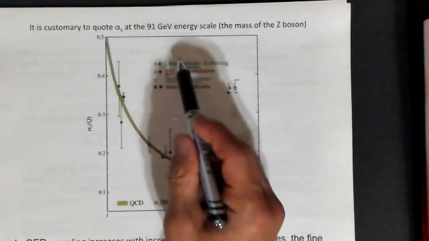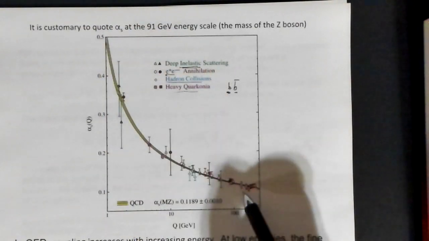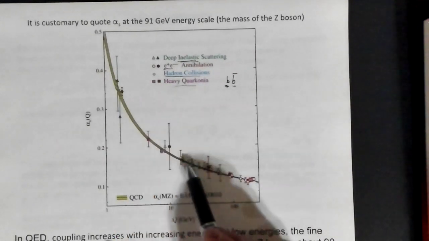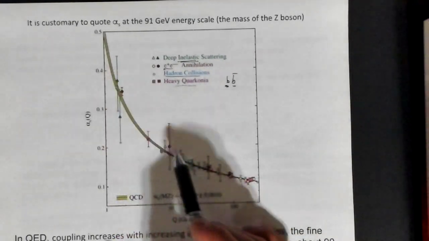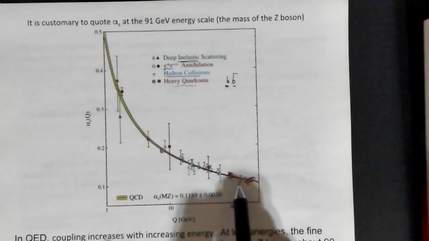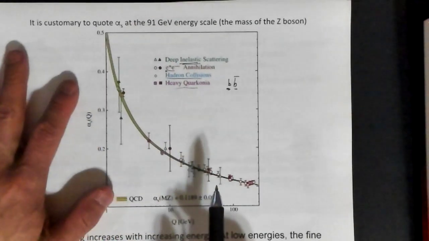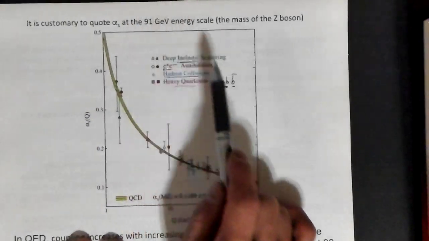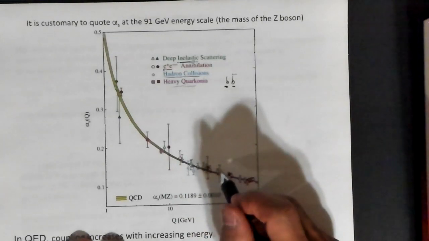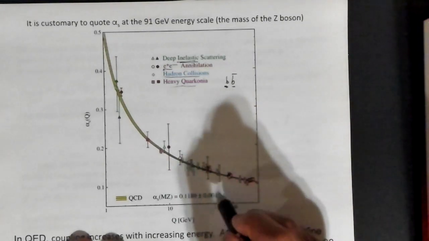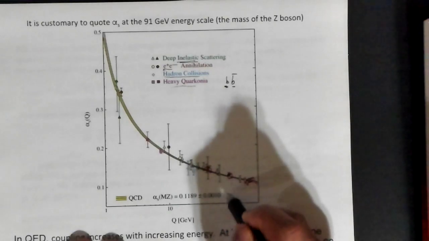So anyways, putting all this experimental data together, you find that it's fitting quite well with this theoretical curve, what you expect to get with that 1/log q squared behavior, and it works quite well. Now, it's customary to quote this running coupling at the value of 91 GeV energy, right around here.